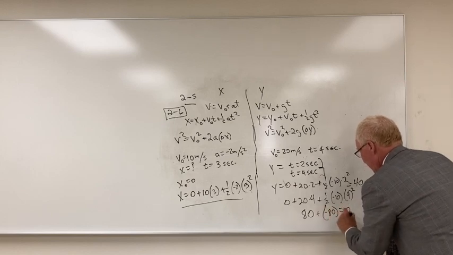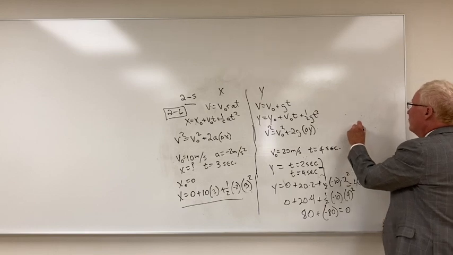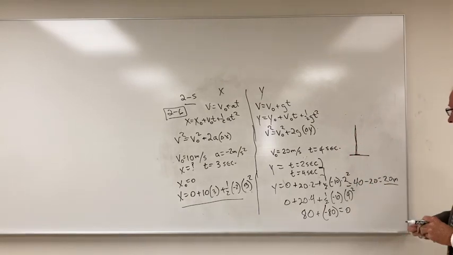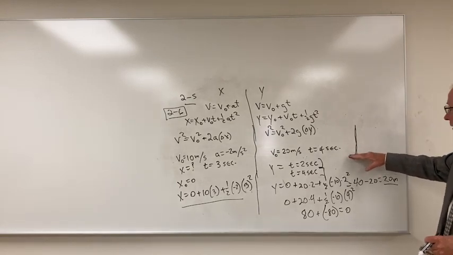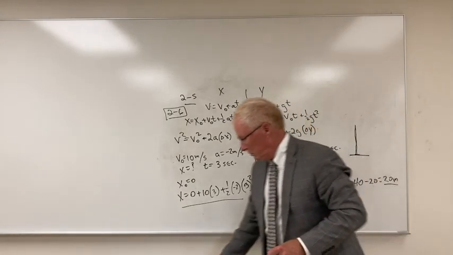It would be 0. It would be exactly back to where you started. So you throw it up, 2 seconds up, and it comes back down. And if we kept going and we didn't have the ground to hit, it would keep going faster and faster as it accelerated downwards.